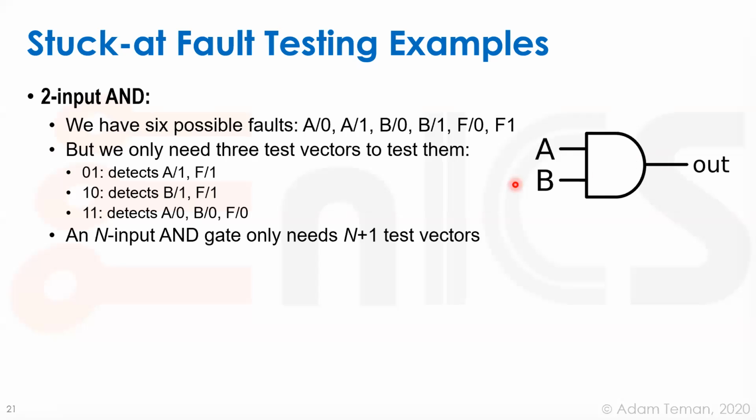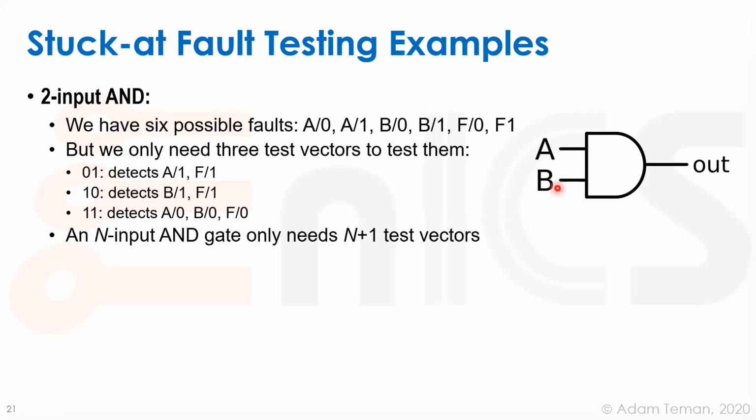But the interesting thing is if we put a 0, 1 at the input here, we will detect 2 faults. We should have a 0 at the output of the AND gate. So if we see a 1 at the output, that means that either the output is stuck at 1 or input A is stuck at 1.